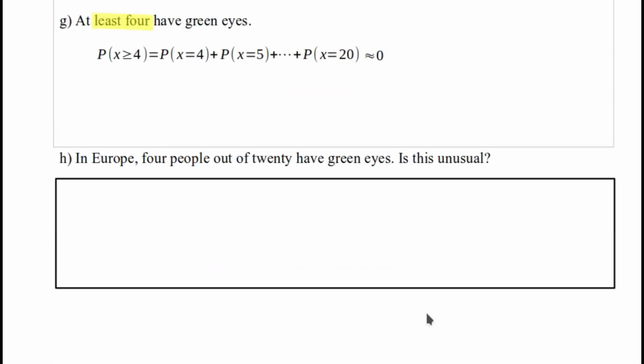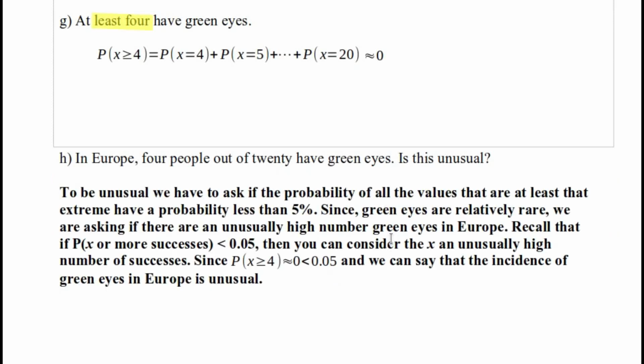The next question. In Europe, 4 people out of 20 have green eyes. Is this unusual? So we're basically comparing it to our test for what it means to be unusual.